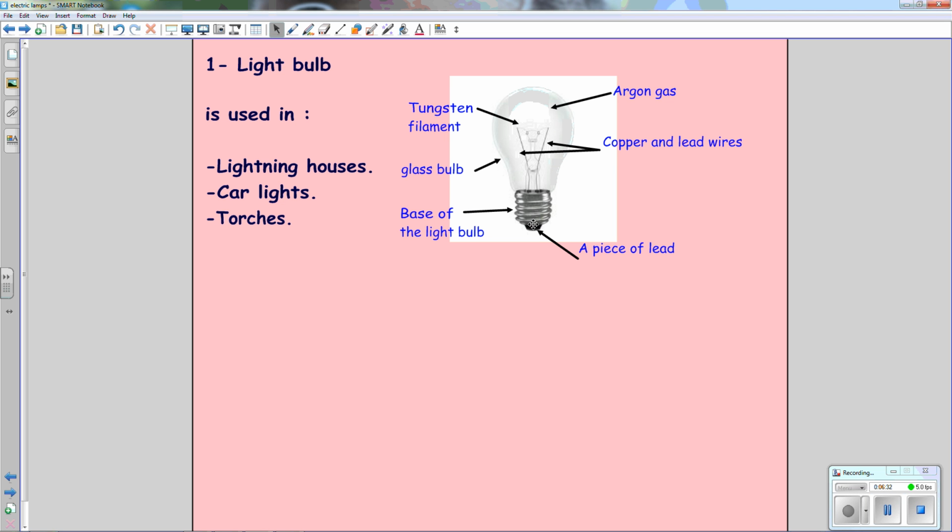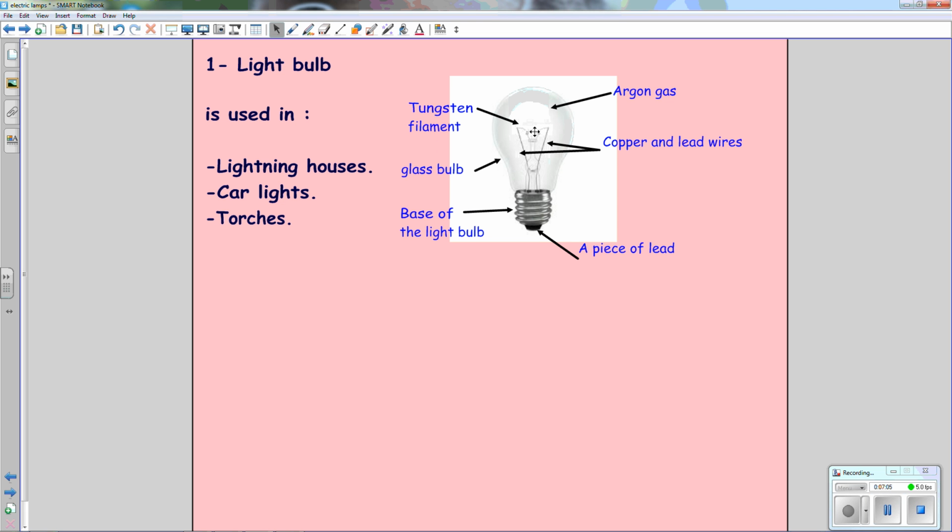A base of the light bulb, a piece of lead, which is connected to the electricity or to the current, two copper and lead wires, which are connected to what we call a tungsten filament.